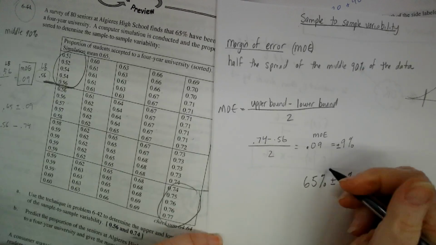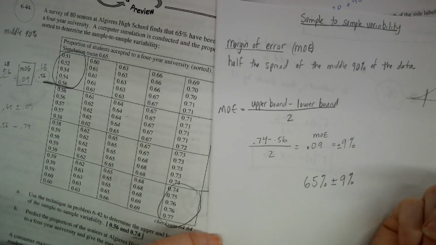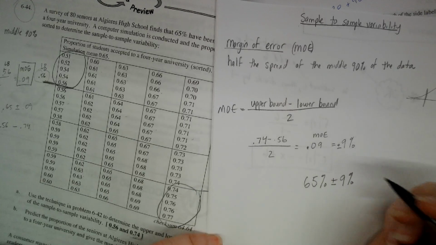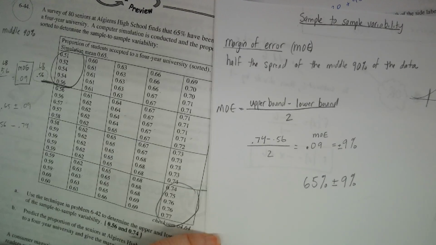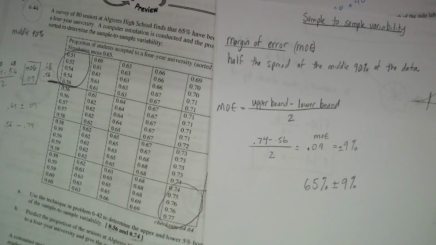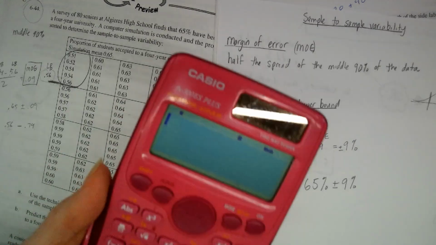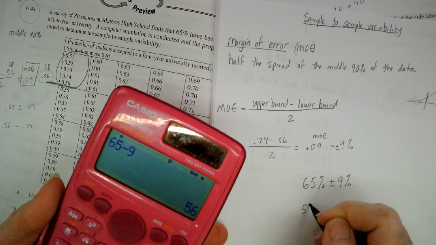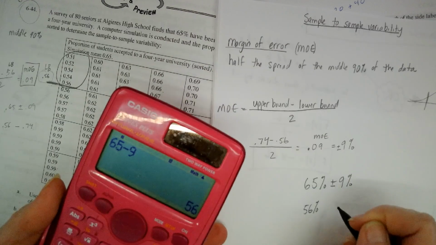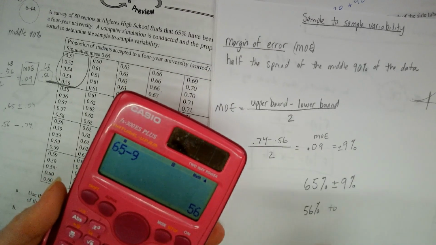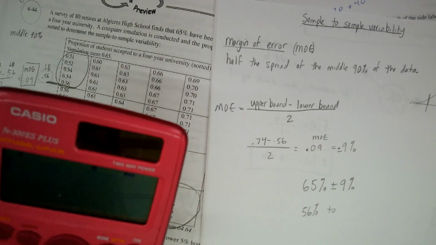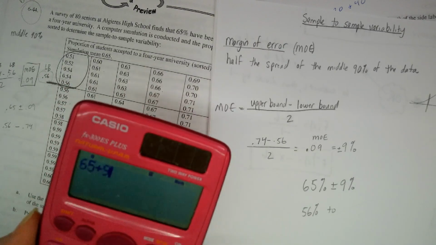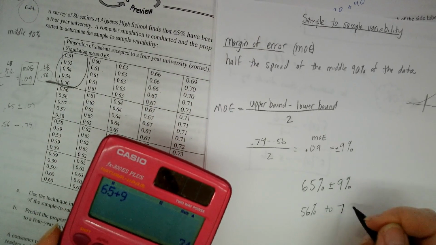So that could be whatever 65 minus 9 is, let's do it. Between 56% and 74%.